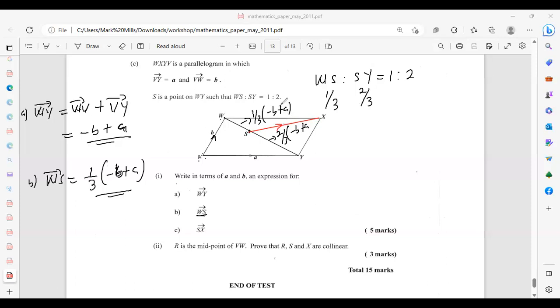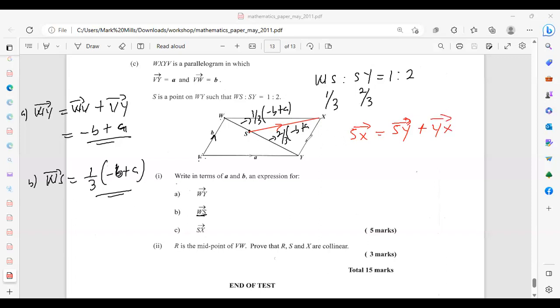This is what I'm looking for. So for me to find that now, look at it. I want to find SX. I'll move from S to Y. Follow me, S to Y. I will travel on a triangle plus YX.